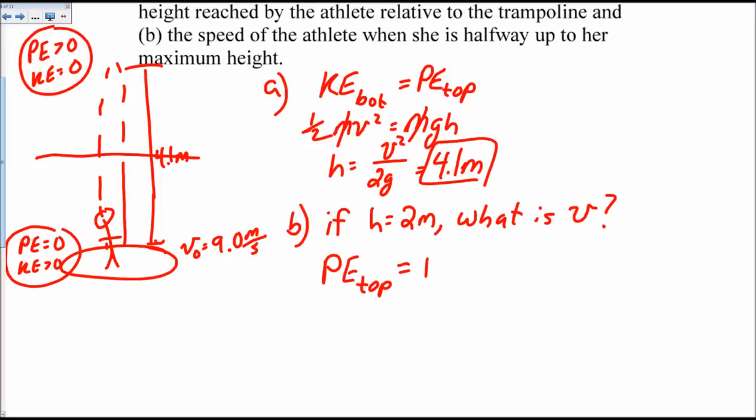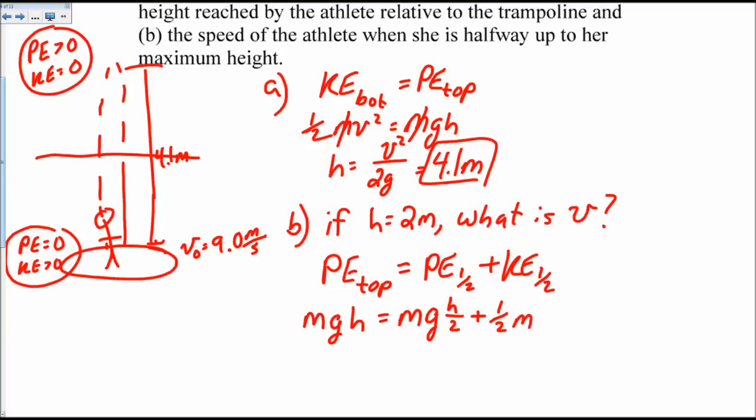So that's going to be potential energy at half plus her kinetic energy at the halfway point. Potential energy at the top is mgh, which equals mgh over 2, that's my 2 meters, plus 1/2 mv squared. My masses all cancel.